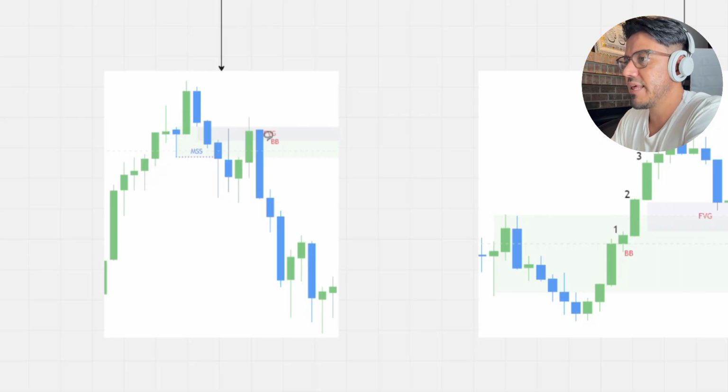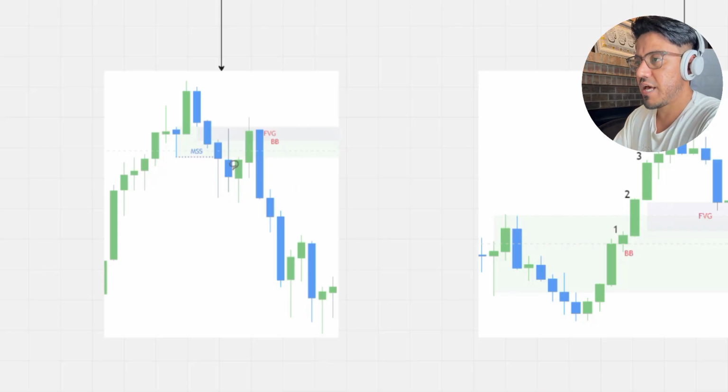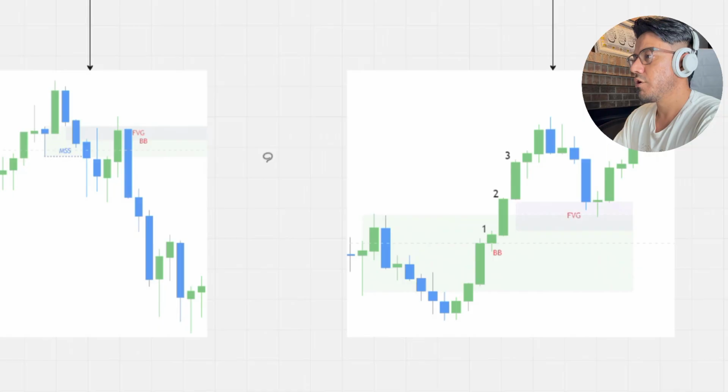So basically the breaker block and FVG are overlapping. It is on top of each other. So it confirms that it is our unicorn model. It was the last condition basically.